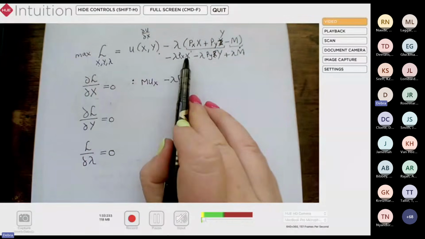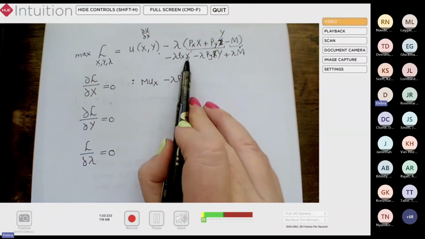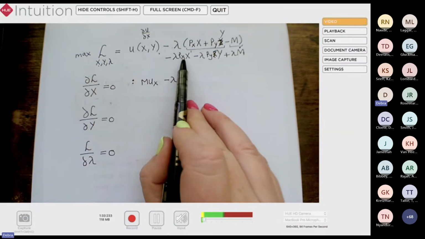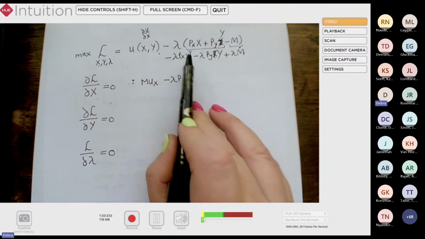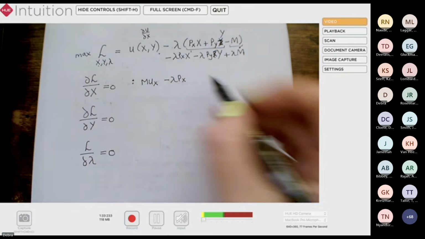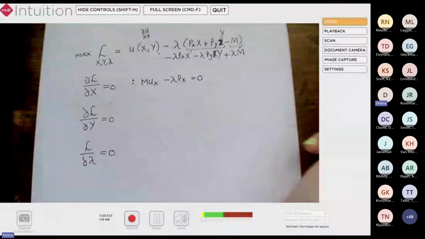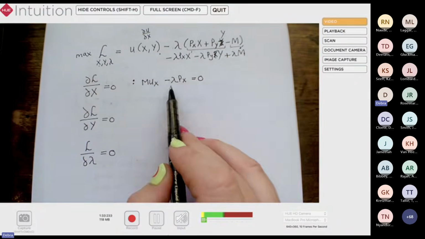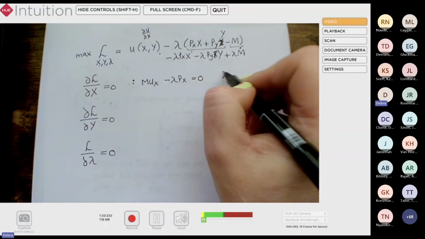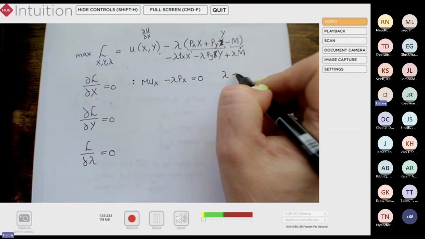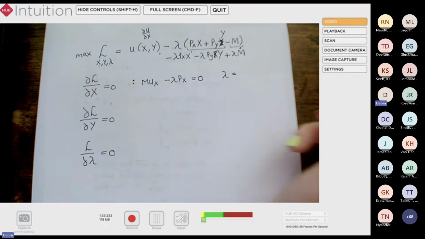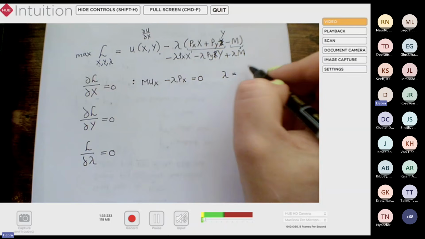So taking the first derivative of minus lambda price x times x with respect to x means I just take this constant that is now in front of x. And when I set this equal to 0, if you rearrange this, you would end up with lambda is equal to MUx over the price of x.